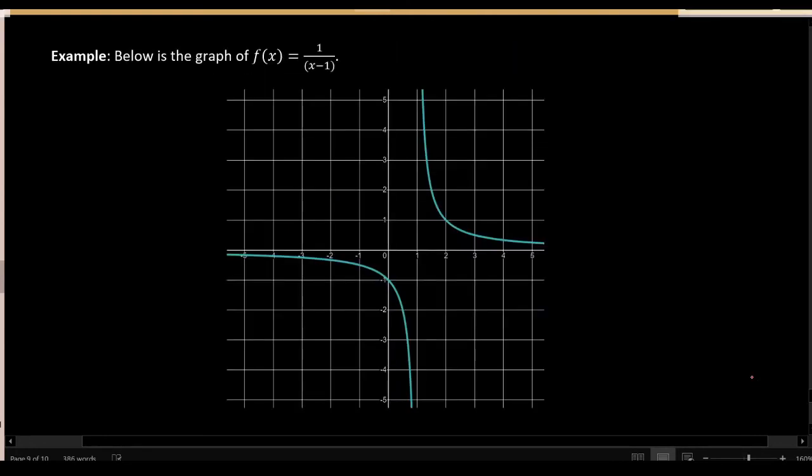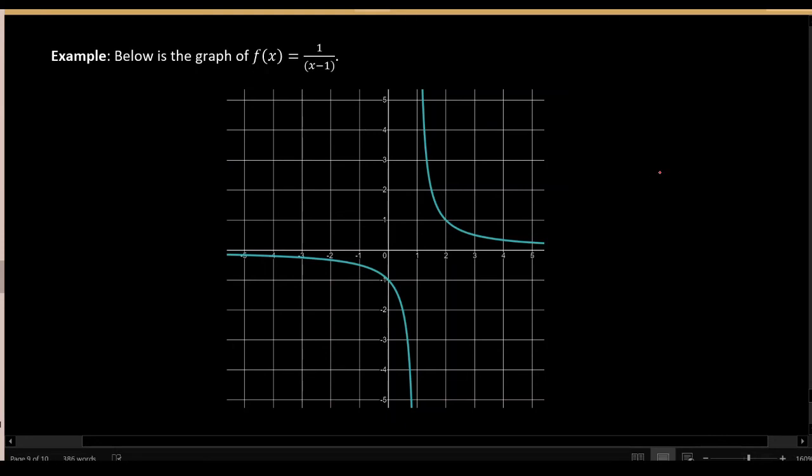There are also some situations where, as you follow the graph from either the left or the right side of a, you don't necessarily get closer and closer to a real number. An example of that would be here. We have the function f of x equals 1 over x minus 1.